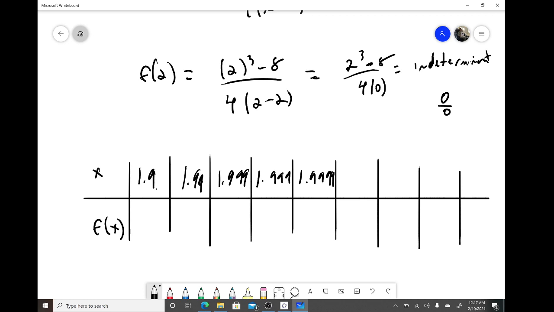Once you get to the ten-thousandths, you should be okay. It should be far enough for you to tell whether the limit exists or not and what it is.